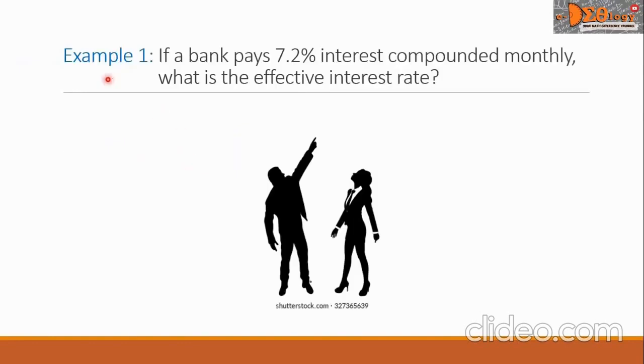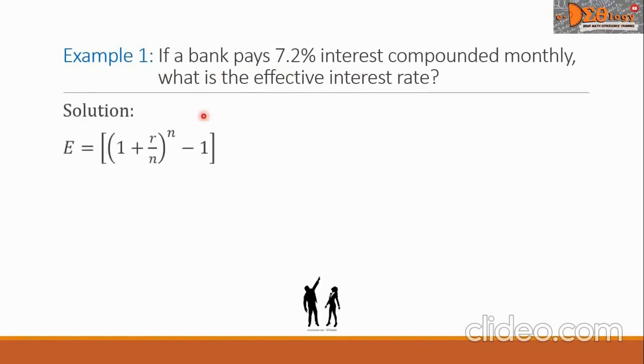Let us see this example 1. If a bank pays 7.2% interest compounded monthly, what is the effective interest rate? Let us write the formula here, and let us begin to write the given of the problem, starting with the rate denoted by R, and that is the 7.2%.